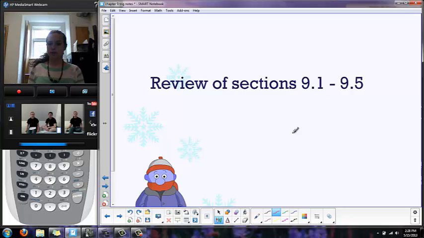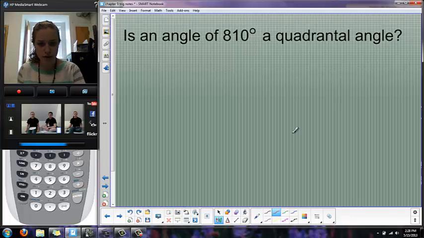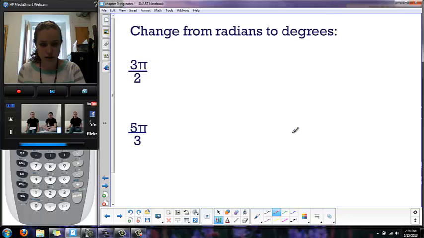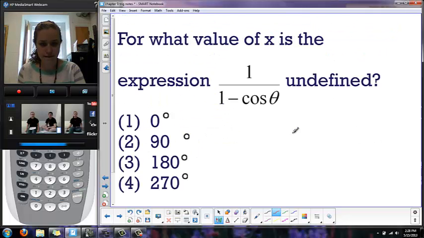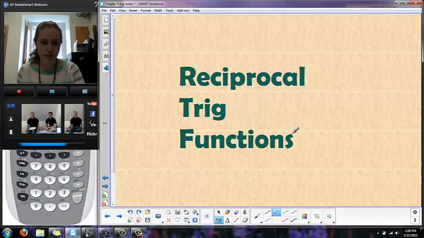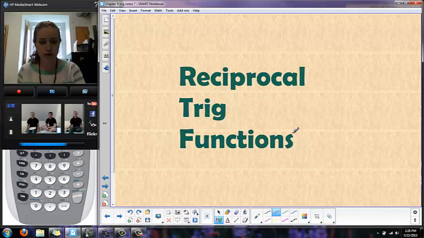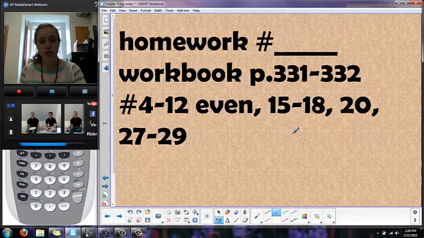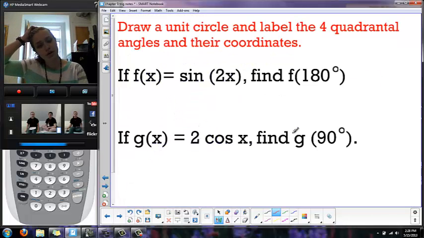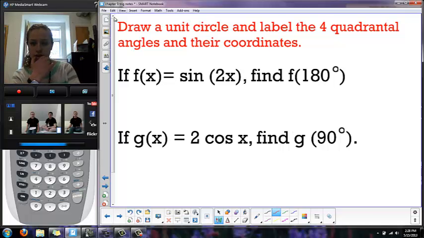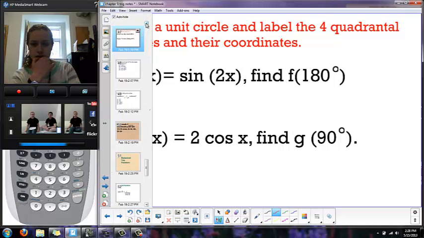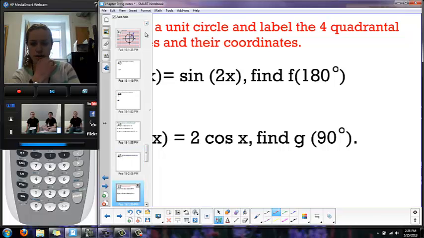Let's see what you had to do. Your homework. It says notes on reciprocal trig functions as well. Okay, reciprocal trig functions are on there as well. So I'm going to go through reciprocal trig functions, I guess, with you tomorrow, and review, so that will be the end of that chapter for you.